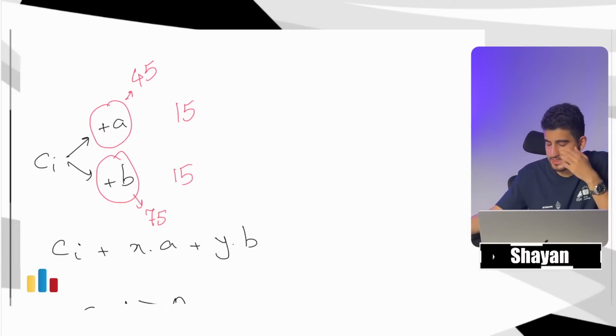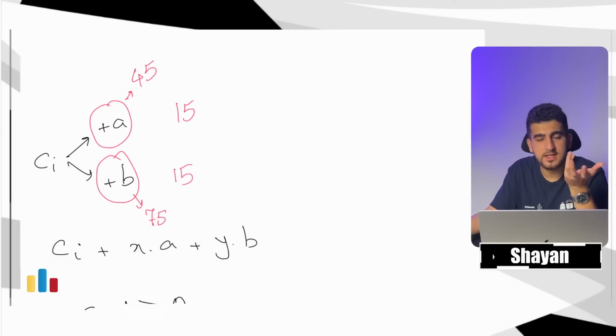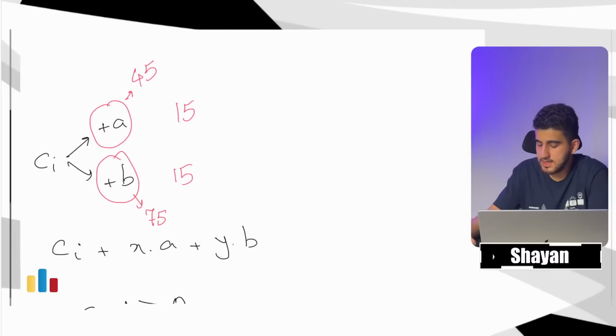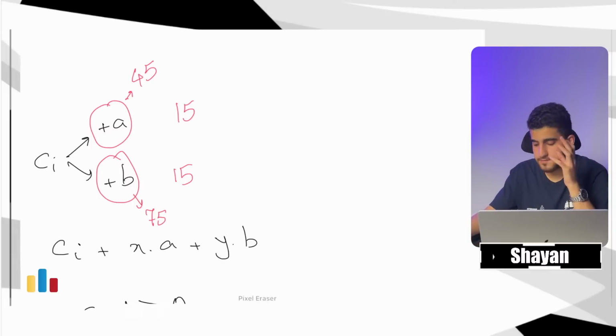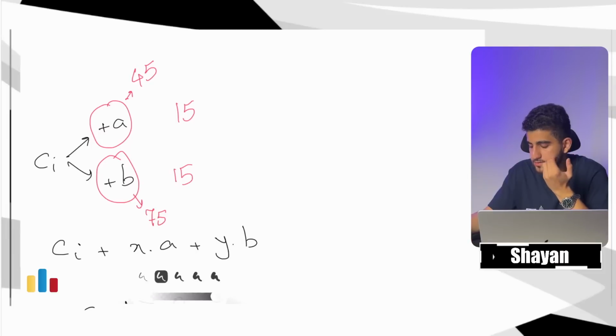And the point is that by adding A and B, CI modulo 15 will never change. So if you consider the multiples of 15, you cannot change the number modulo 15.